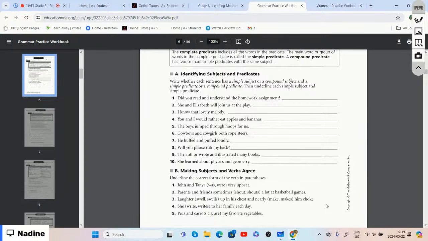All right, so class, we stopped by number 4 of identifying subjects and predicates, right?